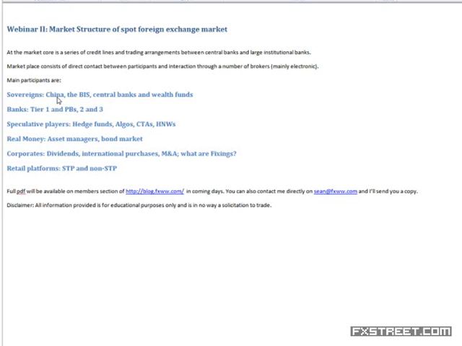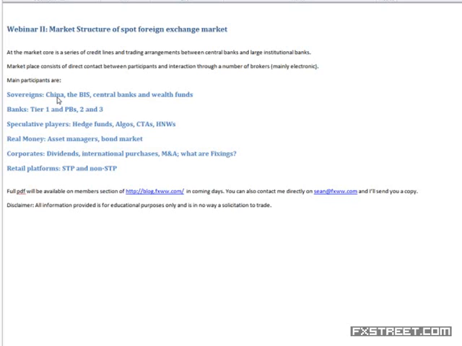So they're the second level, and then you have the third level banks, who are basically everybody else, who of course have foreign exchange transactions to fulfill, but generally speaking, they just go into the market, and they're probably clients of tier 1 or tier 2 banks.